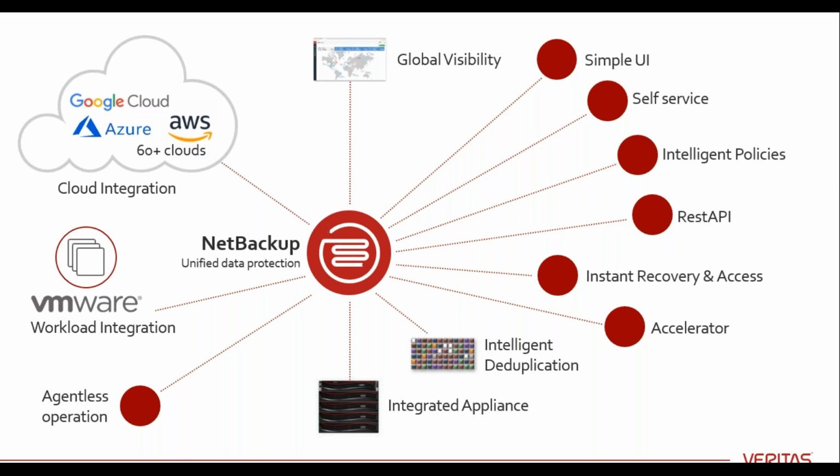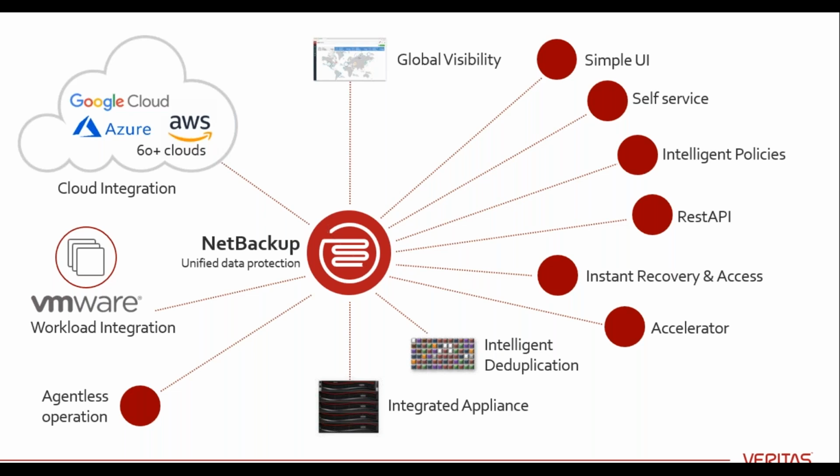We provide something called instant recovery. This is a feature that we've enhanced with what we call instant access. So this actually gives you the ability to mount a VM directly off of backup storage and provide self-service access directly to this VM without having to actually move it to a VM host.